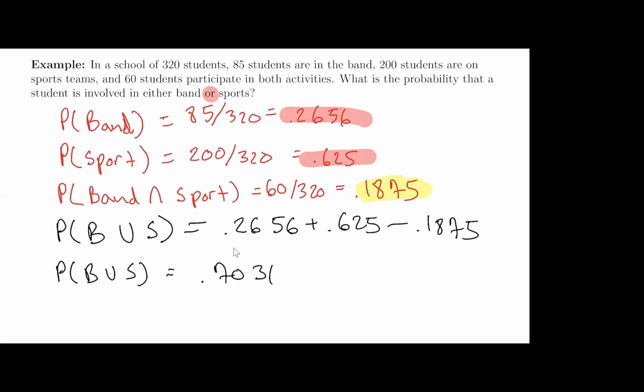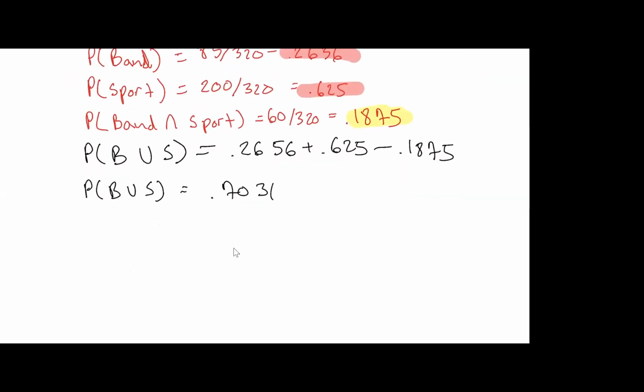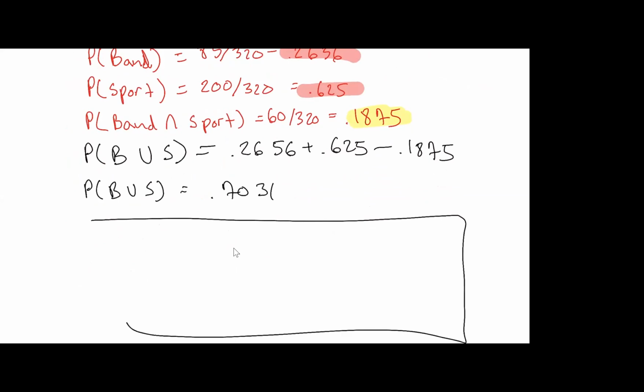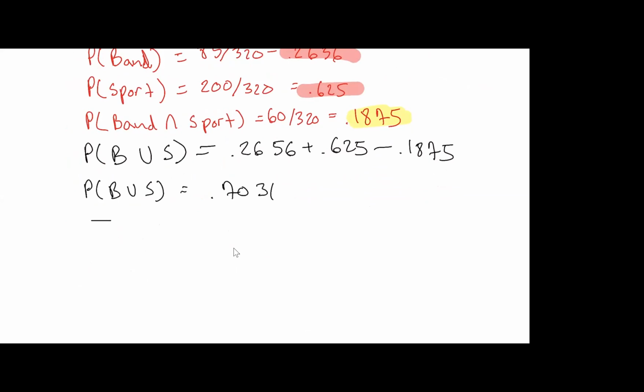Okay, so I'm going to show you a different way to do this problem, in case you don't want to use the formula, in case you want to use the Venn diagram. So we're going to do it using the Venn diagram.